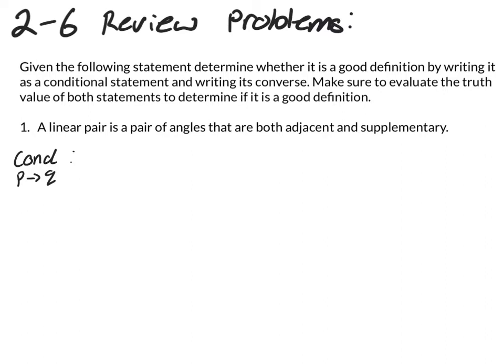So we're talking about a pair of angles, and we're talking about them being a linear pair. So I'm going to have that be my P statement. And then we're also talking about them being both adjacent and supplementary.